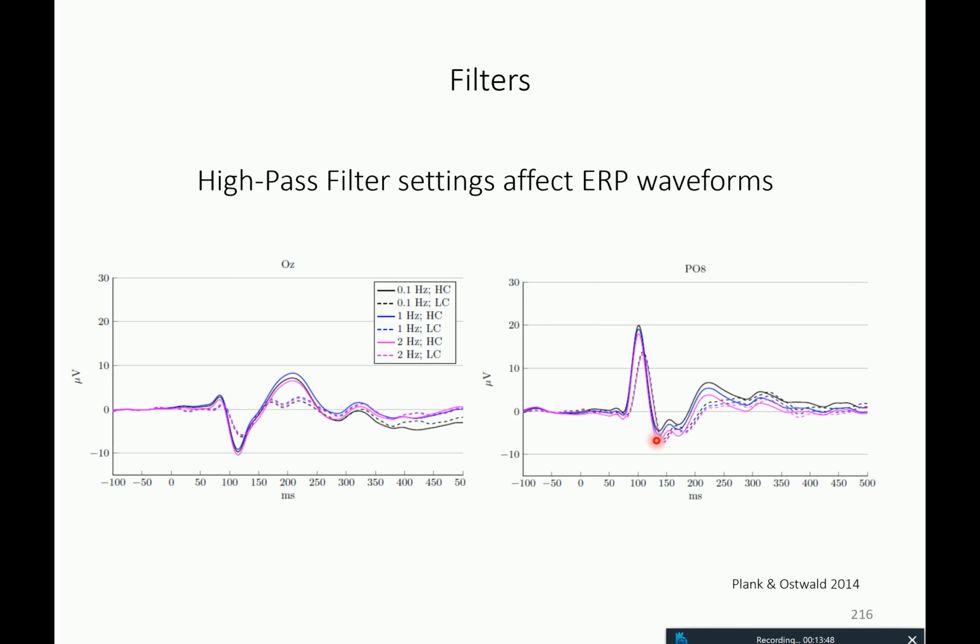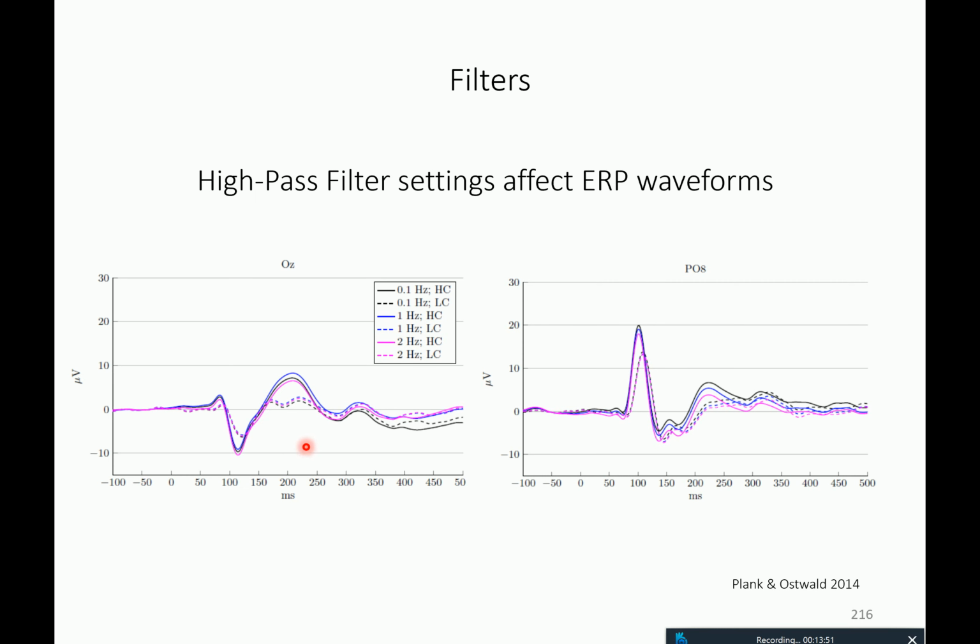The programming project had to do with analyzing EEG data, and people were supposed to analyze these data with different filter settings. As you can see, the filter settings for the 0.1 Hertz, 1 Hertz, and 2 Hertz high pass filter cutoff make a difference. But as you can also see, the dashed lines stay together, and the non-dashed lines stay together.